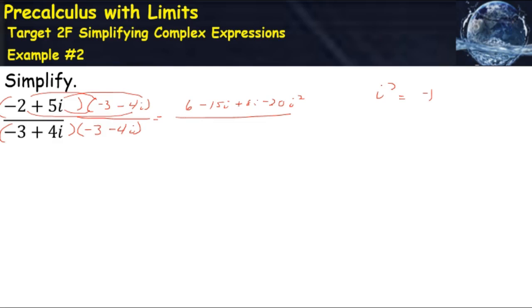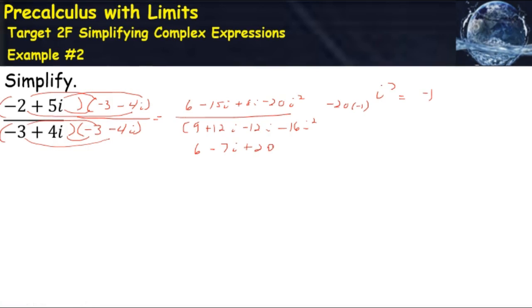Then here, I get 9. And then I get positive 12i and -12i. And then -16i squared. So here I have 6, and then minus 15i plus 8i, that's -7i. -15 plus 8 is -7, and remember i squared is -1, so I get -20 times -1, which is positive 20.